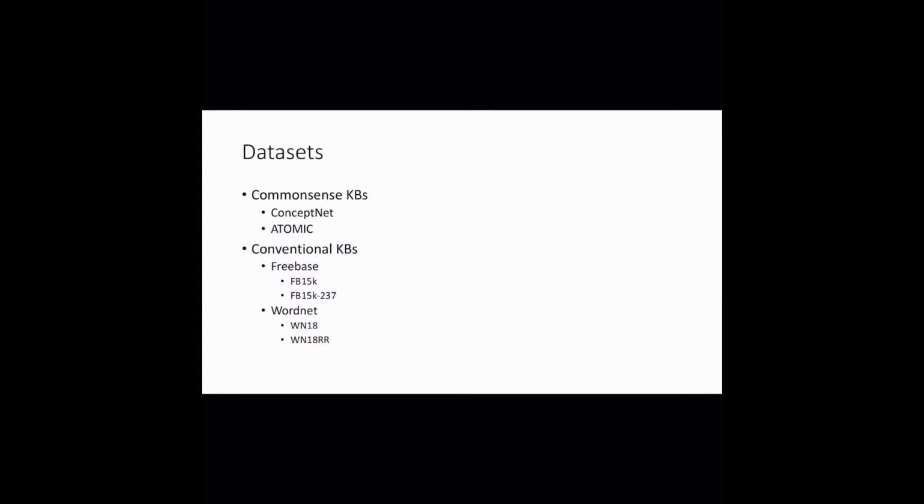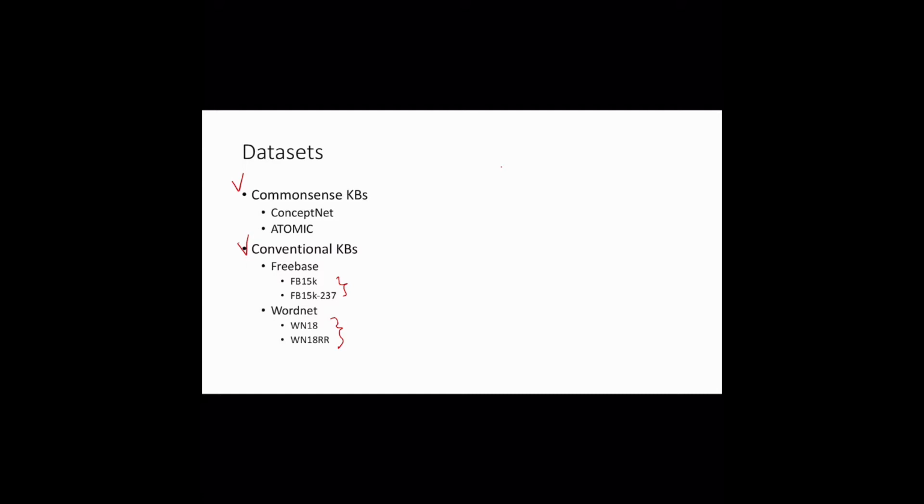We can use public KBs to train and evaluate our models. Common sense KBs use freeform text to represent nodes, so they have orders of magnitude more nodes compared to structured conventional KBs like Freebase and WordNet. But Freebase and WordNet are also large, and so the popular datasets for link prediction are these smaller subsets.